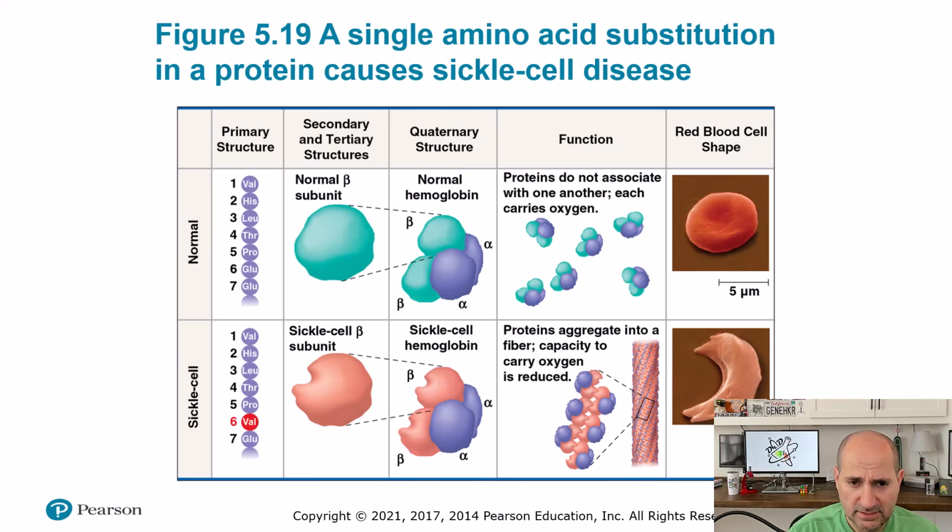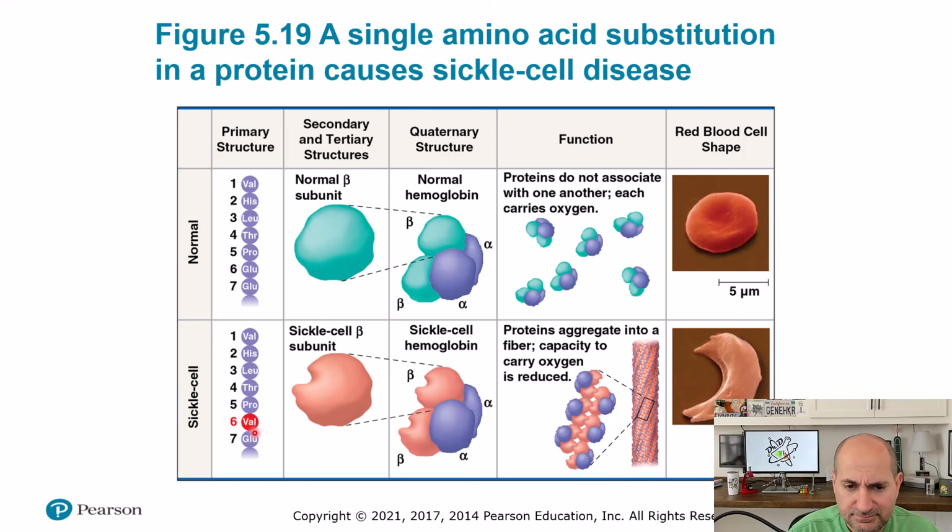You should know how sickle cell is formed, right? I may ask you, how is sickle cell formed and what is responsible for it? Remember, there is an amino acid substitution at the 6th amino acid residue from glutamic acid to valine, valine being a nonpolar amino acid.